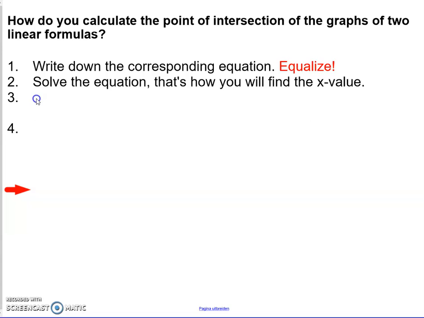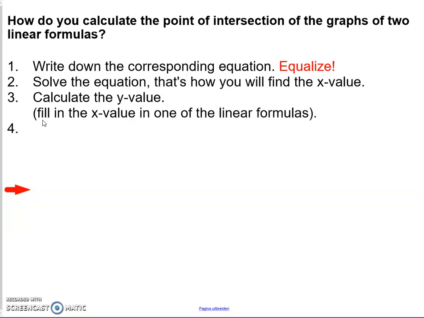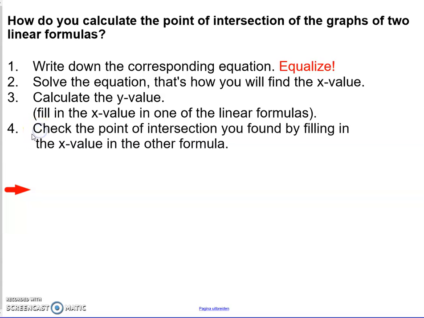Step 3, we calculate the y value, and we do this by filling in the x value in one of the linear formulas. Step 4, check the point of intersection you found by filling in the x value in the other formula. So this last step is to make sure you did it right.